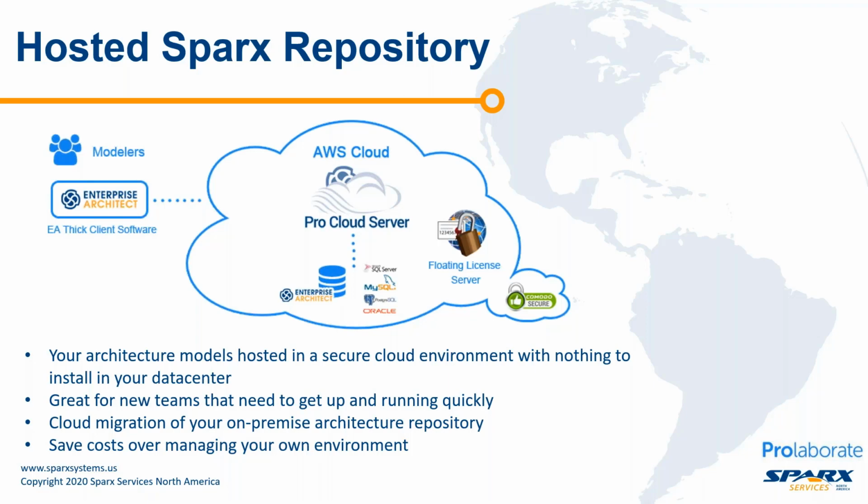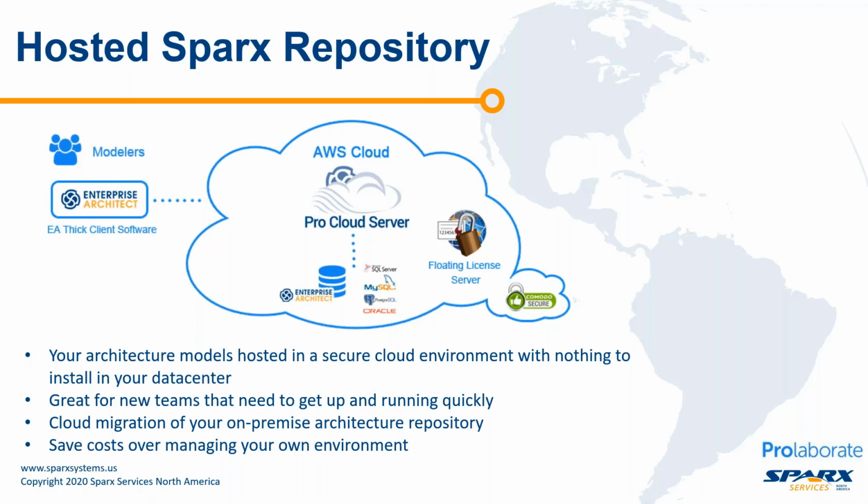But most importantly, why would you want to migrate your architecture repository to the cloud? Well, cost is the number one reason. If you consider the cost of running Sparx on-premise, you've got the hardware and infrastructure in your data centers. Those things depreciate, they have to be refreshed. You've got to incur those capital costs. You also have the administrative costs of the people who are the DBAs and sysadmins who are running those systems.